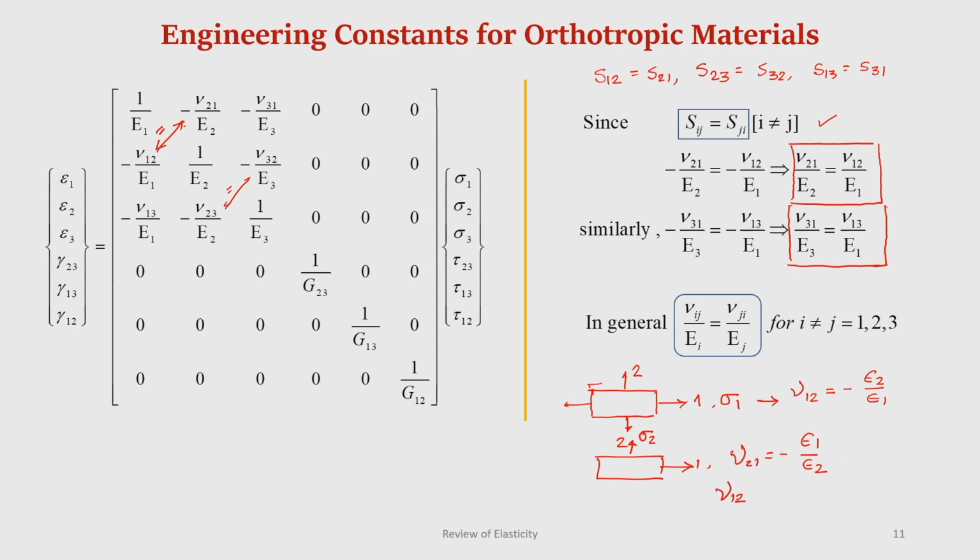Nu 12 by nu 21 is equal to E 1 by E 2. Okay. Where does this come from? Because the stiffness and compliance matrices are symmetric, therefore, we get this reciprocal relationship. Okay. Even though nu 12 and nu 21 are not same, they are dependent and decided by the ratio of E 1 and E 2. Okay. So, in general nu ij by E i is equal to nu ji by E j.